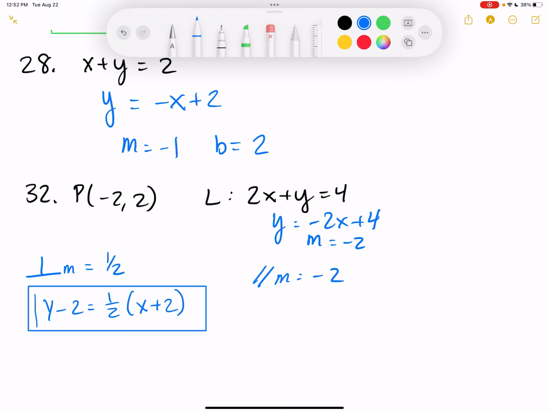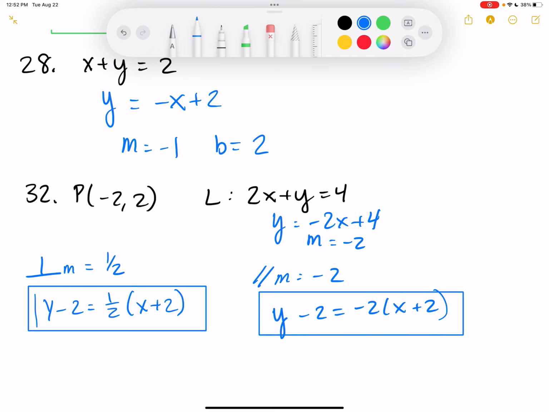So then y minus 2 is equal to -2 times x plus 2. And again, you can leave it if you are so inclined, or you can change it. Any questions on parallel and perpendicular? All right.